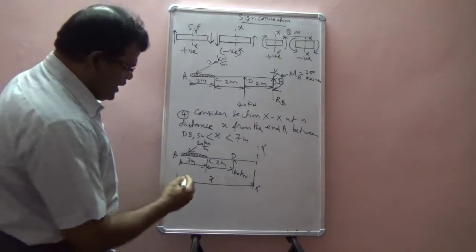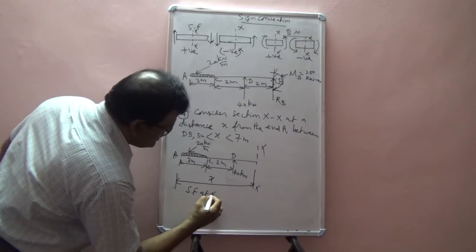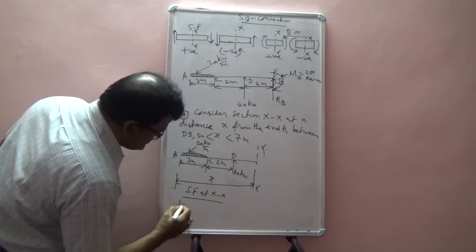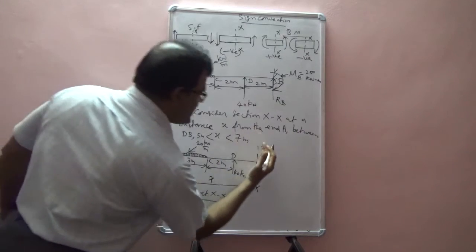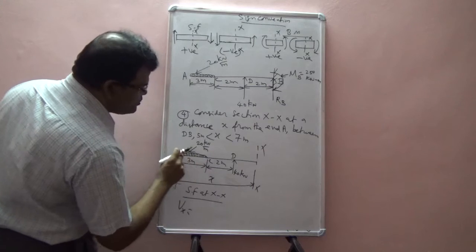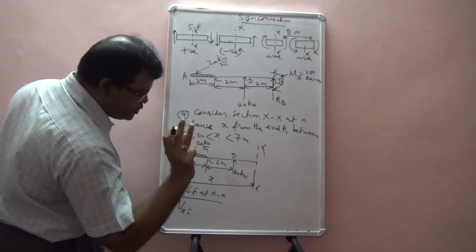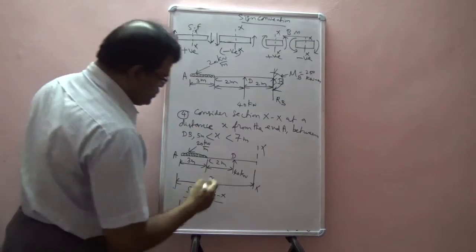So I write here, shear force at x. As per our notation, it is Vx. On the left side of the section there is one uniformly distributed load and another point load. Therefore, there will be two terms in the shear force equation.